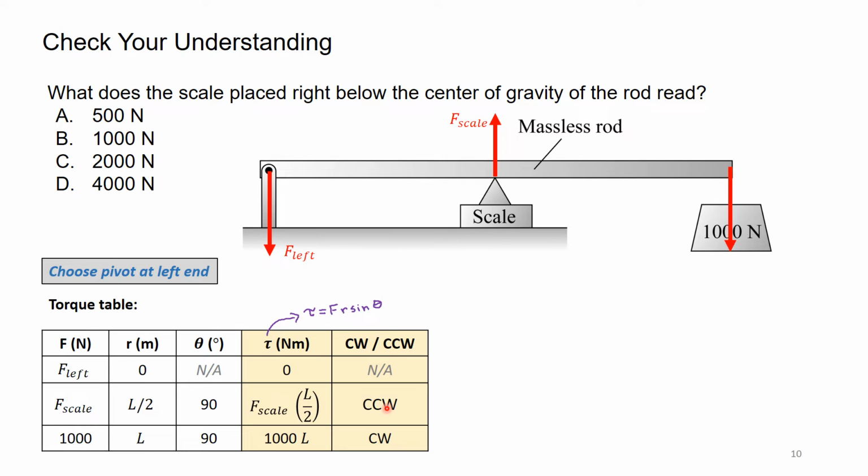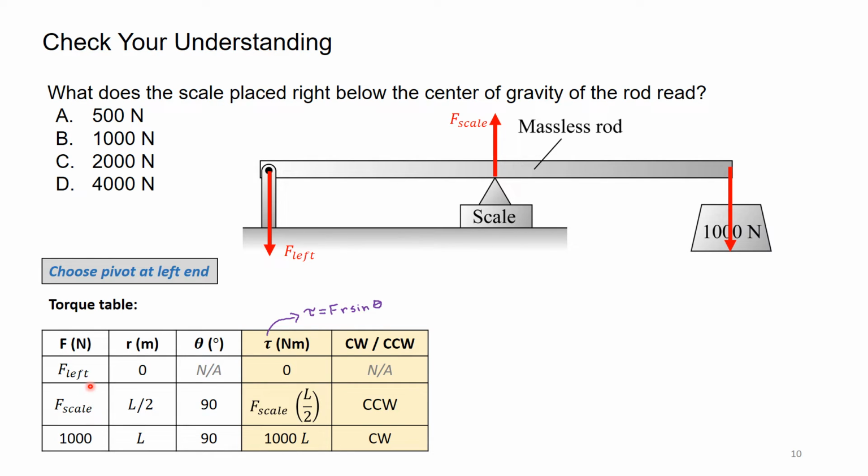And then the direction of the torque. So the pivot is the left end. So imagine that you fix the beam at the left end, then you pull up along the arrow at the middle on the scale. Then the pulling force will make the beam rotate counterclockwise. So the direction of the torque produced is counterclockwise for the F scale force.